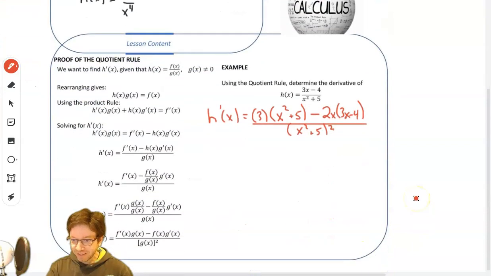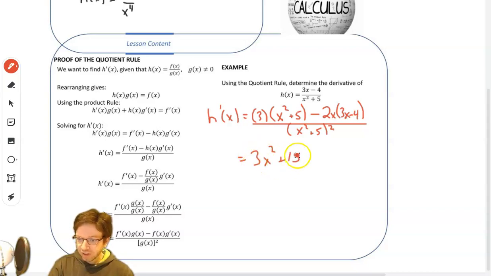Now we should probably simplify this a little bit. So if we expand, we'll get 3x squared plus 15 minus 6x squared plus 8x all over x squared plus 5 squared.